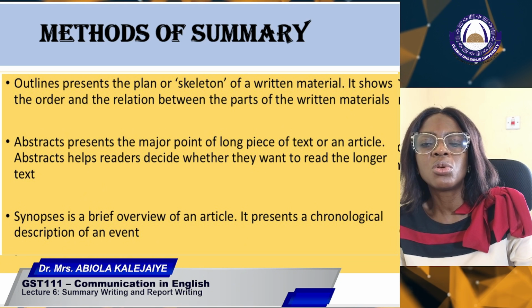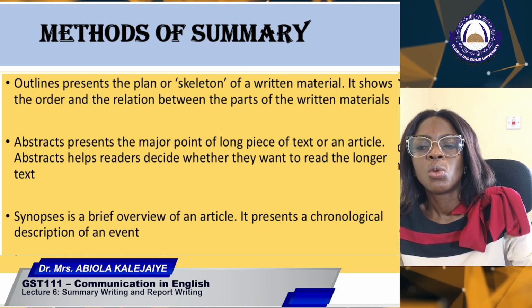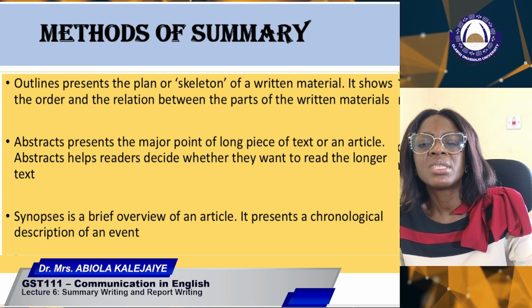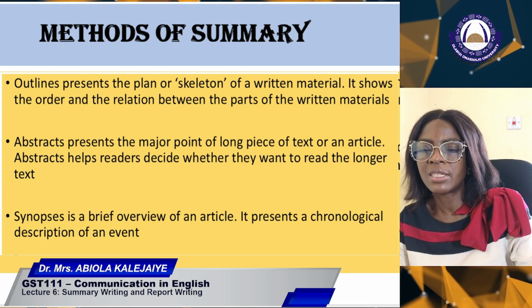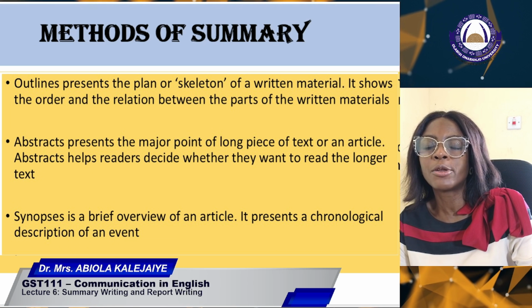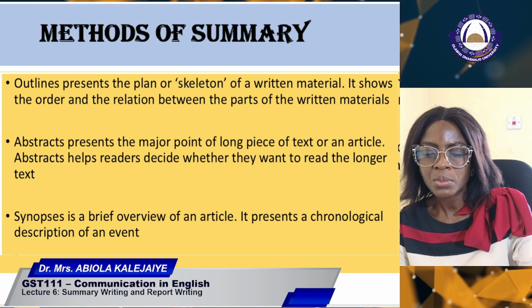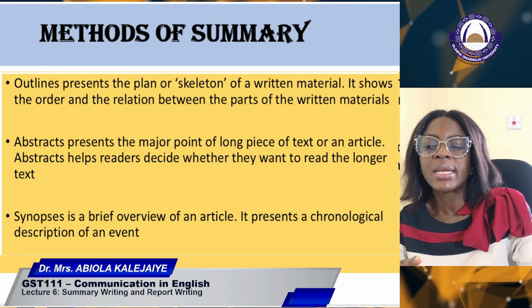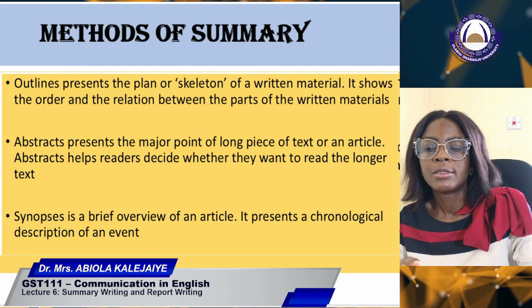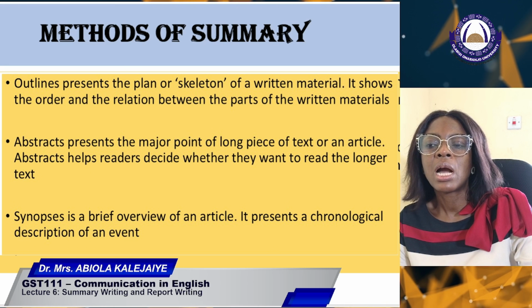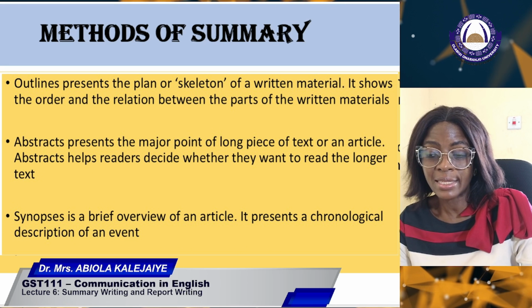The outline basically presents the plan of the written material. For example, I want to write about my first day in the university. I can have outline number one be my journey to the park. Outline number two can be my place of residence.